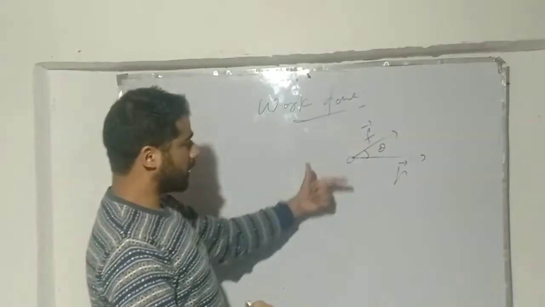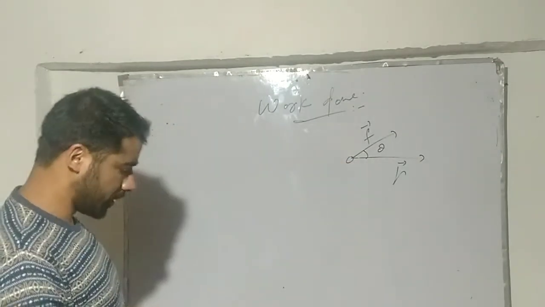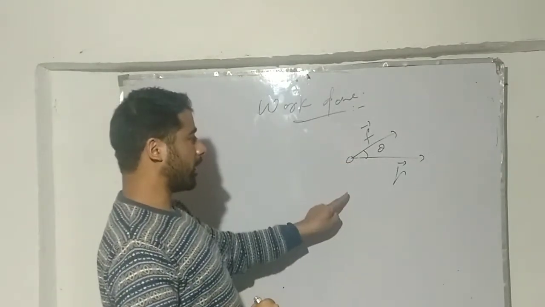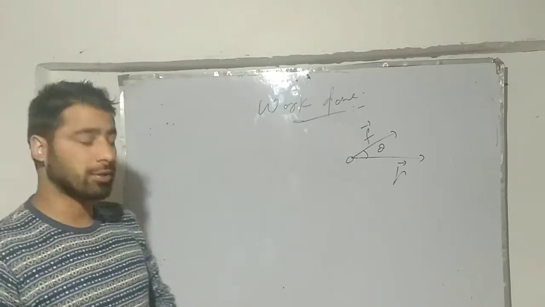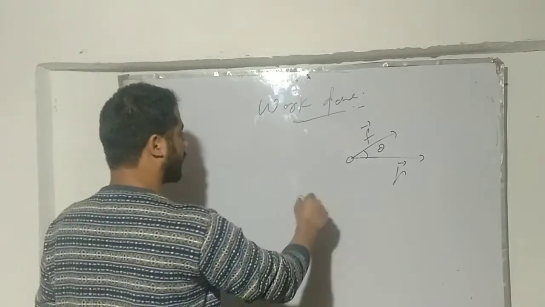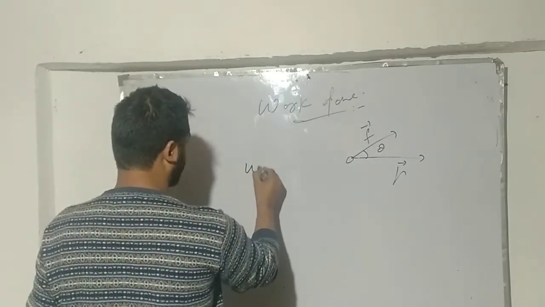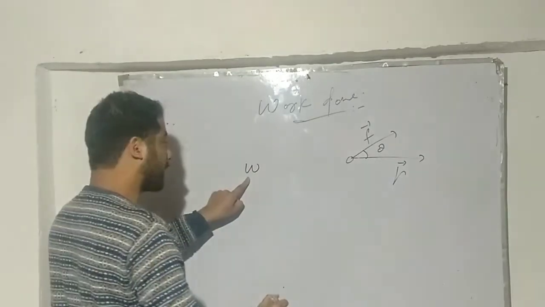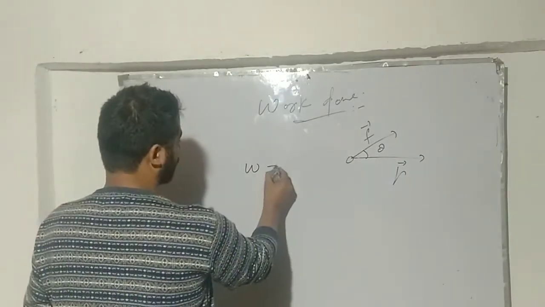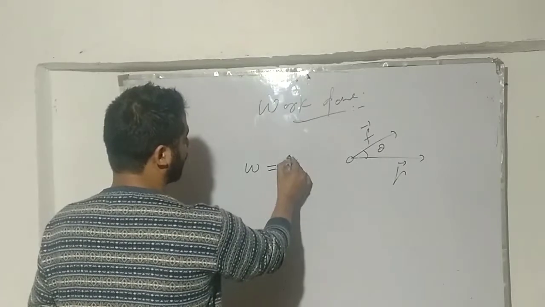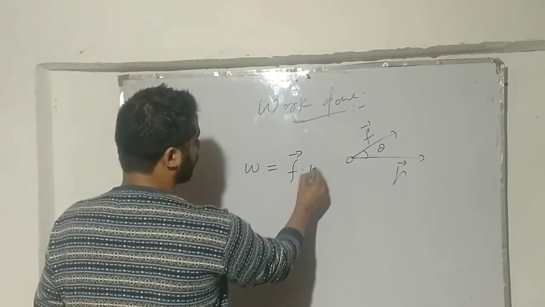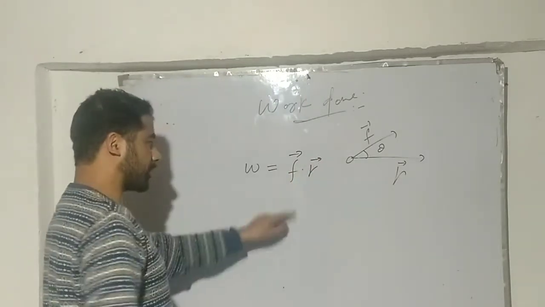Under this intuition, how can we define the work done on a system? The work done for a given system is denoted by the letter W by convention, and we define it as the dot product between the force and the displacement of a particle.